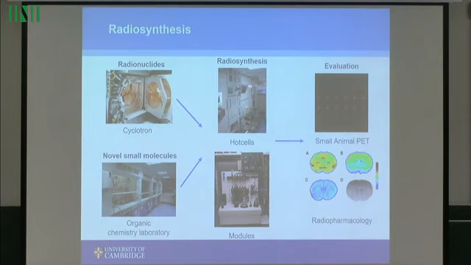So your radioactive isotope from the cyclotron is combined with the precursor that is made in the organic chemistry laboratory, and the reactions are performed in these hot cells, which are essentially lead shielded fume hoods in which the chemical reactions happen. And we don't want people to be actually putting their hands in to pour things into each other. So that is done within these modules, which can add things, transfer things to a column to separate it by analytical procedures. And once you have the radiotracer, it is evaluated.